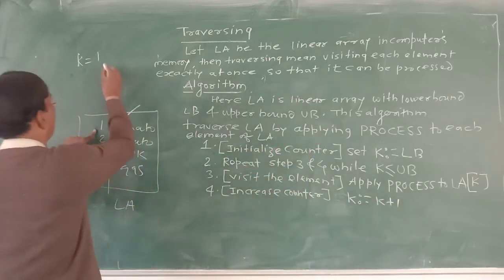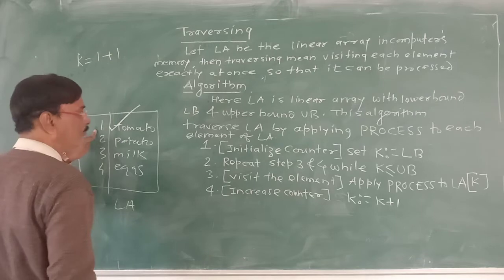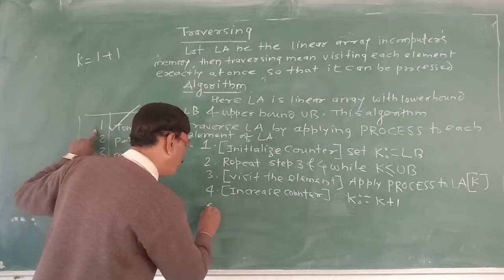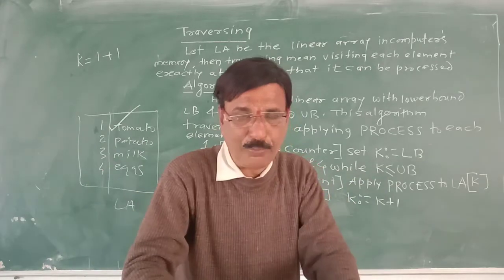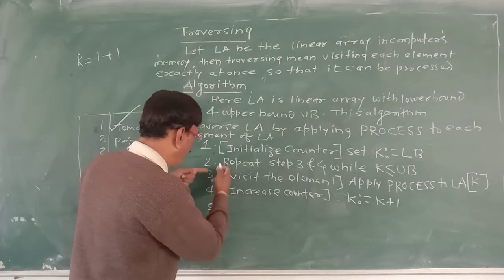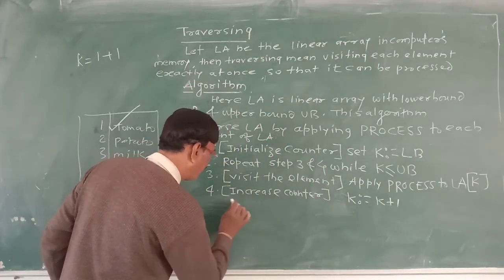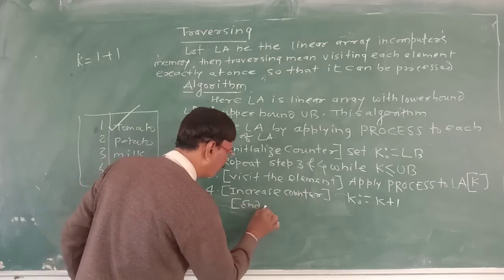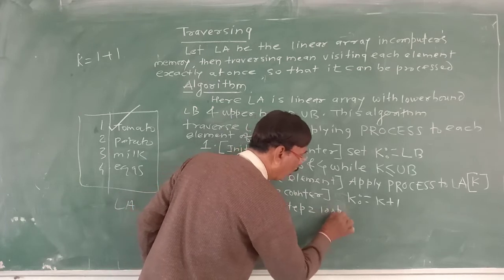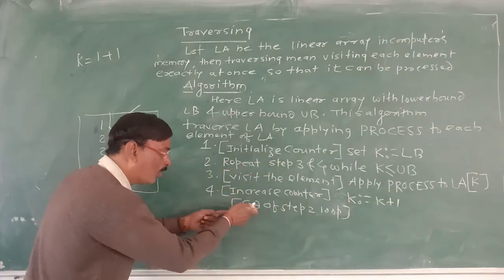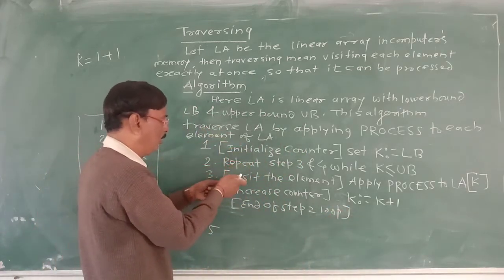Now what will K become? 2. But you see that steps 3 and 4 are to be repeated; that's why this is a loop. Here we can see the end of the step 2 loop, so we don't go to step number 5; rather we come back to step 2.